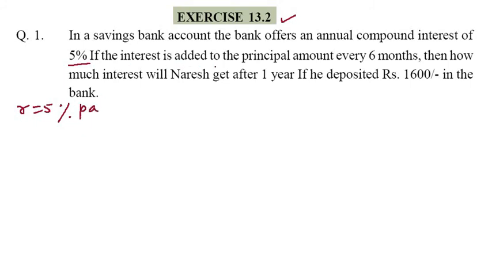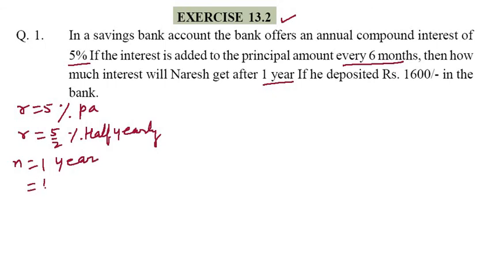If interest is added to the principal amount every 6 months, that is half yearly, so you can divide it to this 5 by 2% half yearly. Then how much interest will Naresh get after 1 year? Time is given as 1 year. So you have to write n is equal to 1 year.